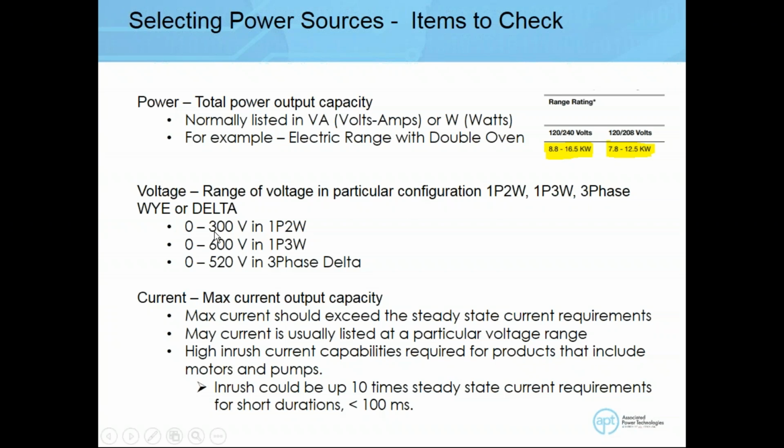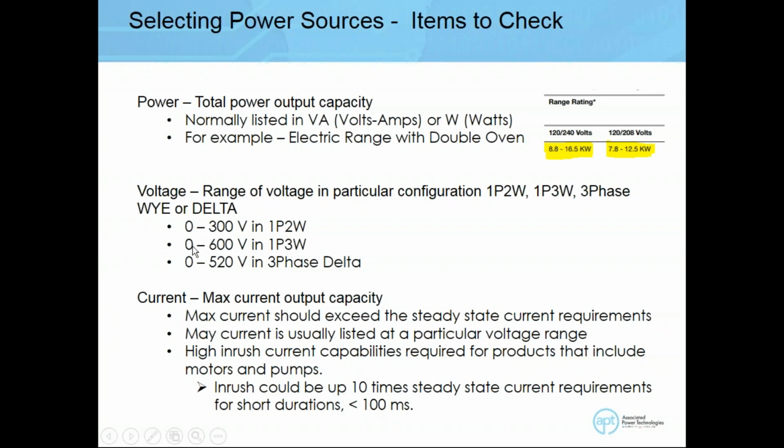You will also see the voltages. Now, the voltage differential between input on labels that we saw earlier may require a voltage from 100 to 200. So you want to ensure that you're able to test at a particular voltage that's required by your standards or required by your product. Some of the ranges that you may see are 0 to 300 volts in single phase 2-wire. Again, this is line neutral.